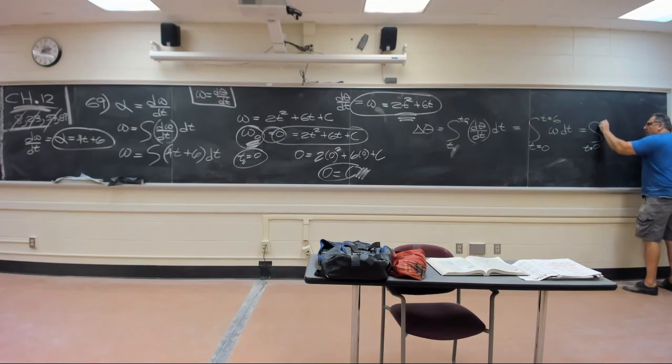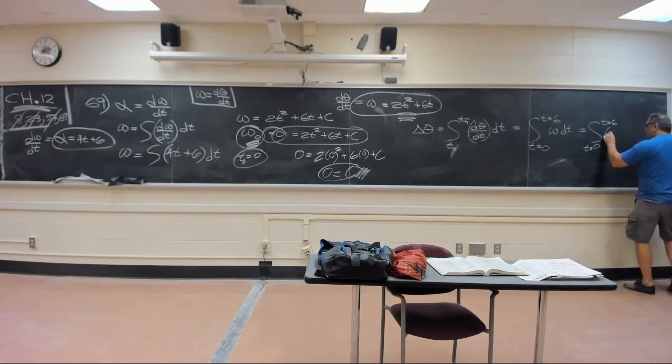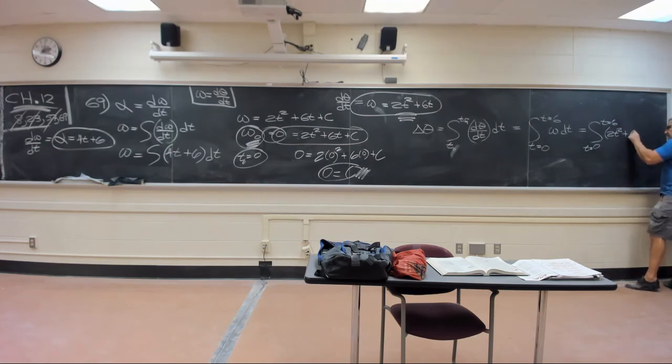From t equals 0 to t equals 6, omega is 2t squared plus 6t dt.